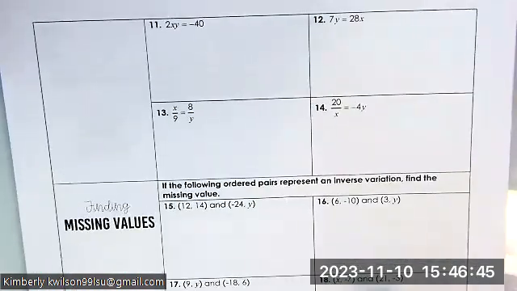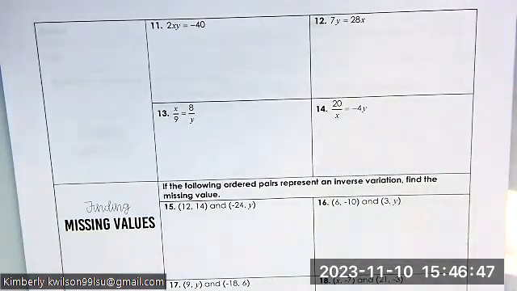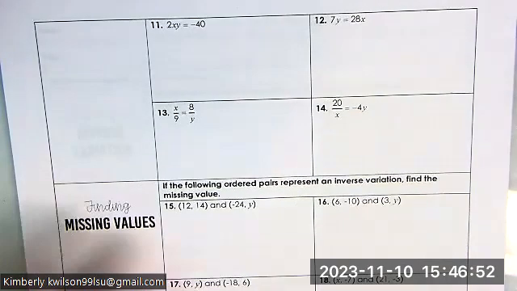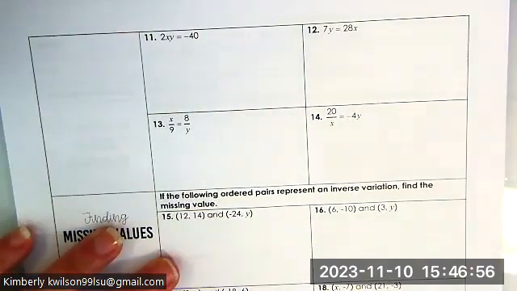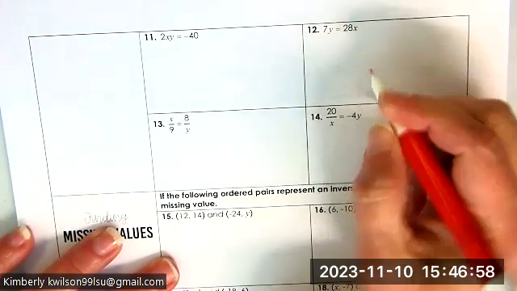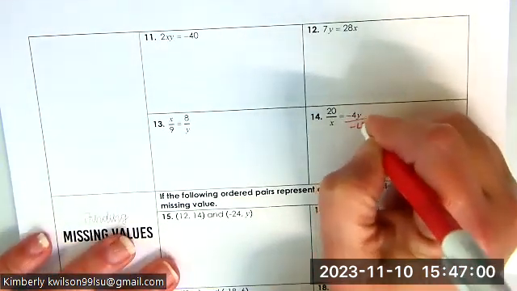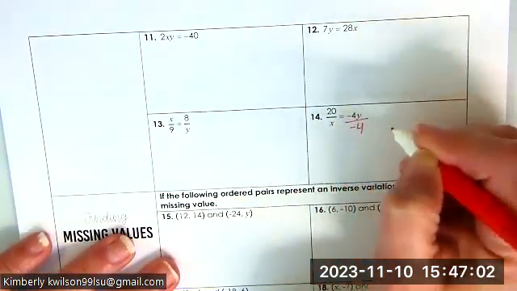And next page. Well, bear with me for just a second. Number 14. Again, the y is not by itself yet. So I have to divide by -4 on both sides.